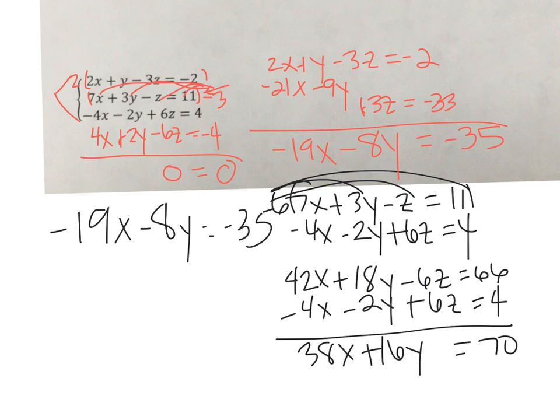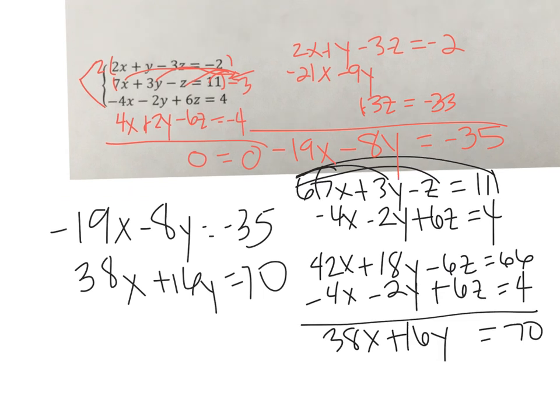However, everything is going to cancel out, and that's not going to help me. So in this case, when you have infinite solutions, you will need to solve for one variable and make all of the variables in terms of that same one.